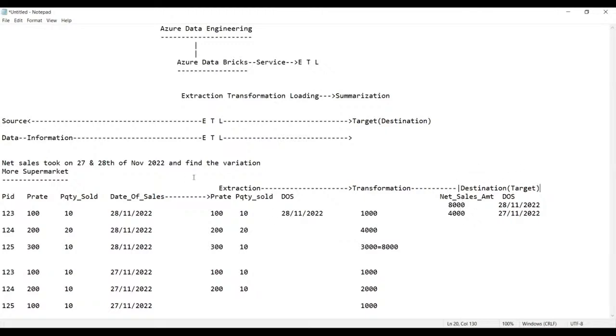From the job of extraction till the job of loading into the target, it's the job of an Azure data engineer, which we do by using Databricks. Further, to find the final variation, this job is the job of an analyst or a data scientist.